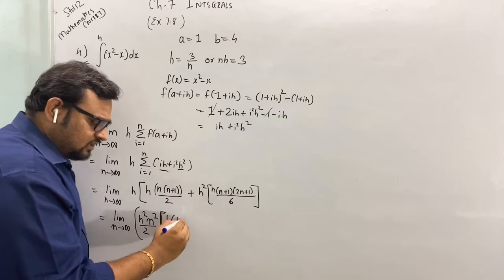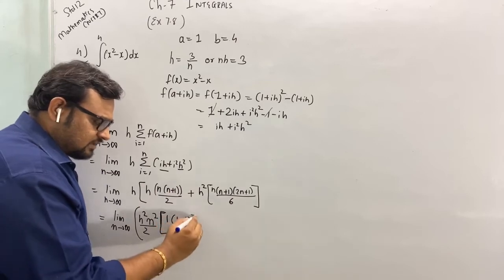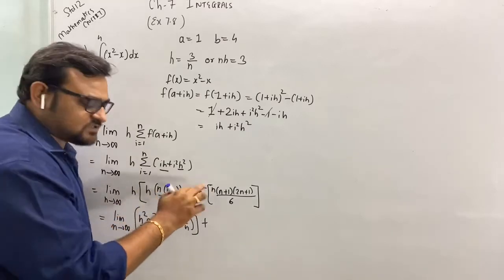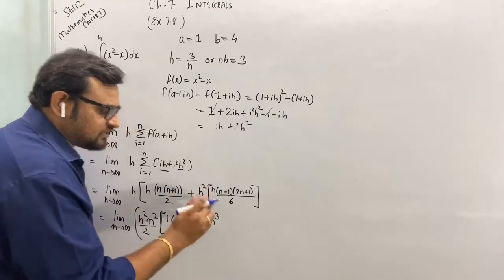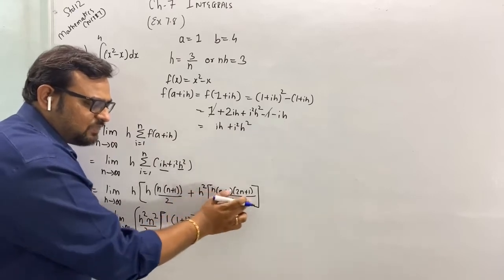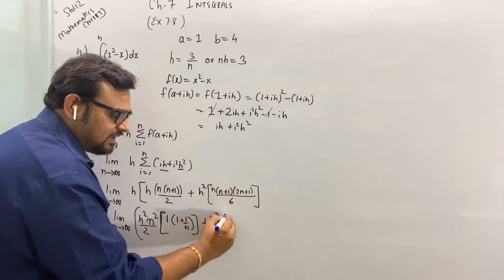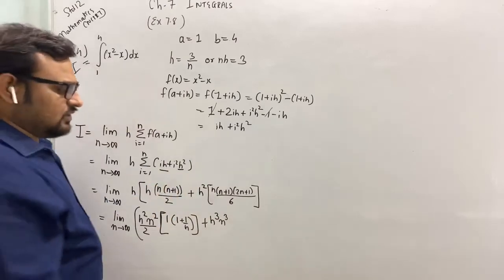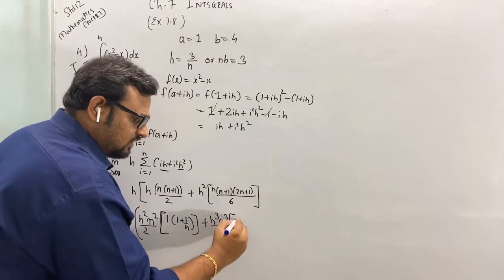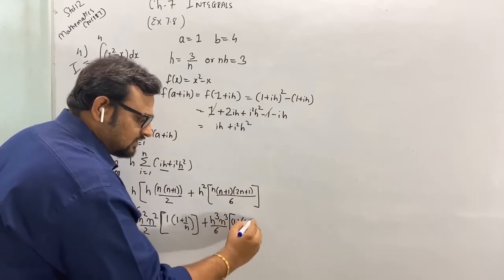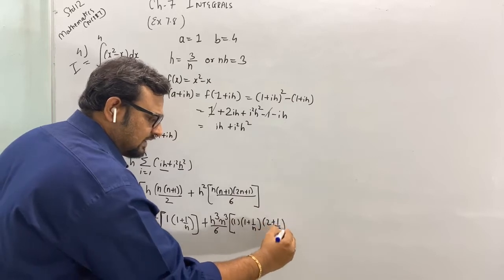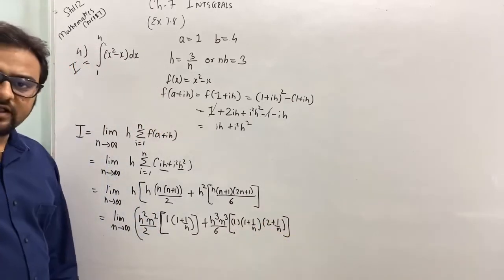Instead of 1, 1 by n. Plus h into h square, h cube. Now n from all these three, 1, 2 and 3, so it will be n cube. Okay, and this 6. So now 1, 1 plus 1 by n, 2 plus 1 by n. Clear?